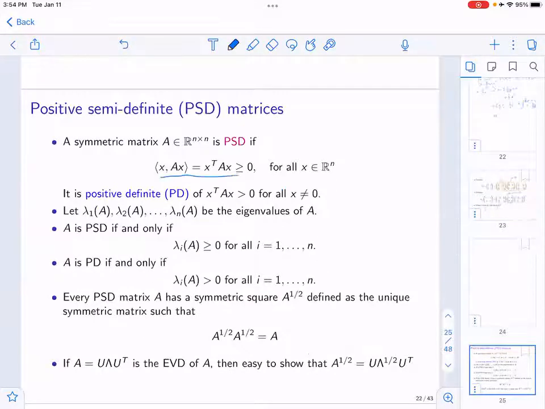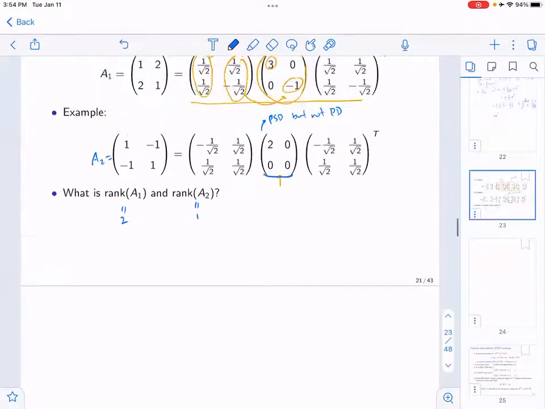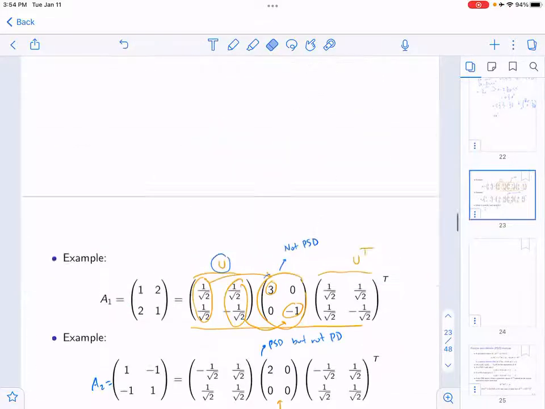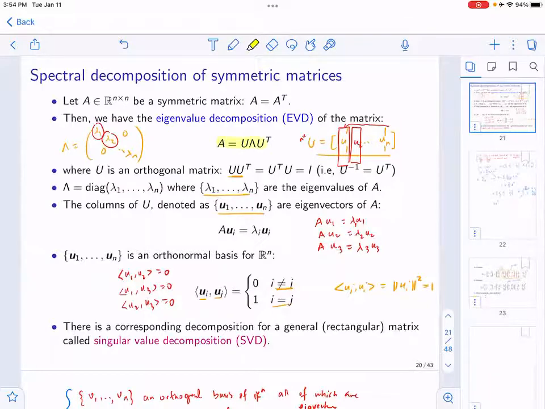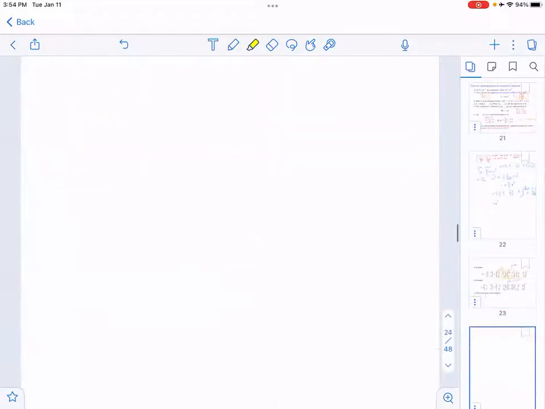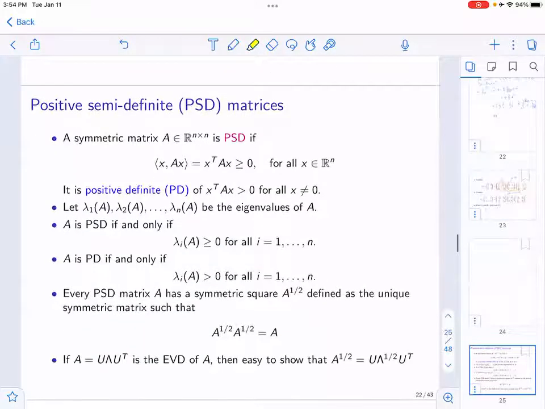So this definition is a little bit tricky. It doesn't imply that elements are non-negative. It's more subtle than that. In fact, you can use the spectral decomposition to prove that the matrix A is PSD if and only if the eigenvalues are non-negative.